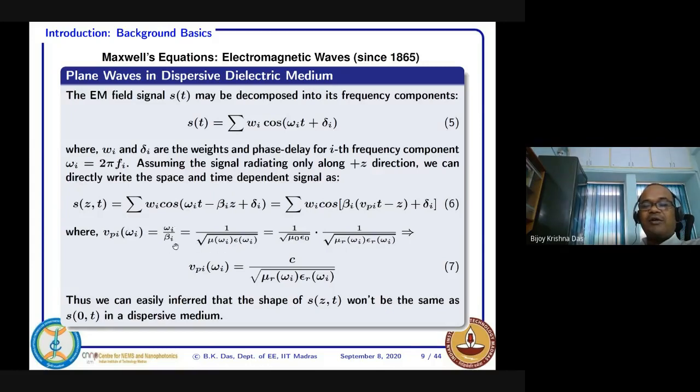Omega i by beta i is called the phase velocity of each of these frequency components, and that is nothing but 1 over the square root of mu epsilon. Whenever you are talking about velocity, there is mu epsilon, and this mu and epsilon are actually frequency dependent. Why? In any material medium, epsilon and mu come from some kind of electric dipole moment and magnetic dipole moment.